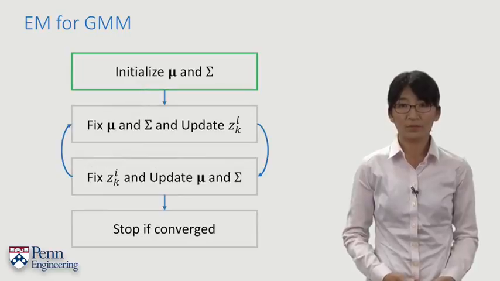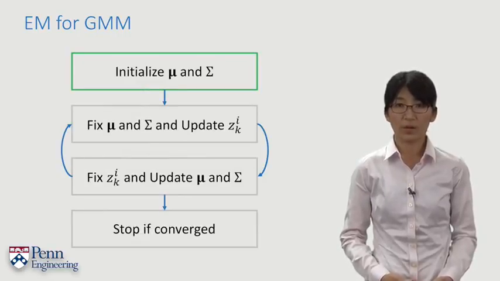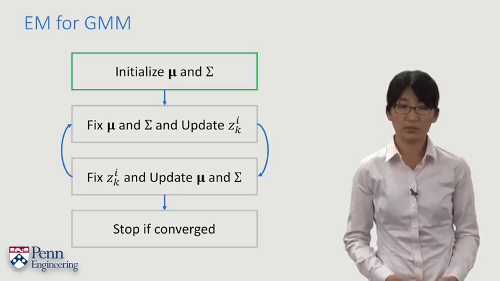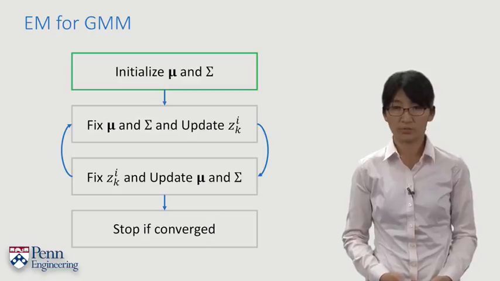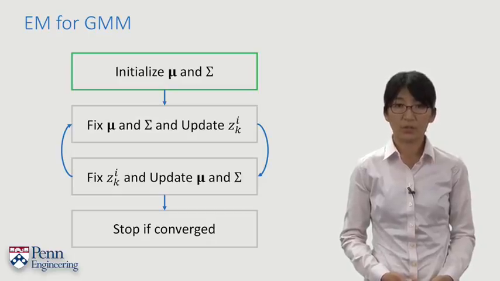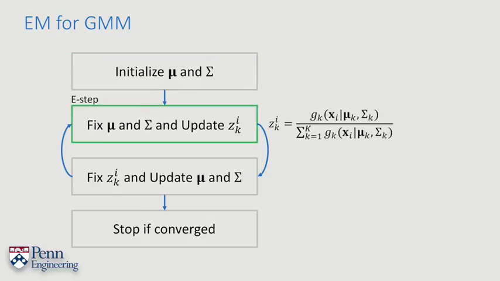Putting everything we have discussed so far together, we can compute the parameters and the latent variables iteratively until the values converge. First, we initialize the parameters. Then, use the initial value of mu and sigma to compute z, the latent variables.